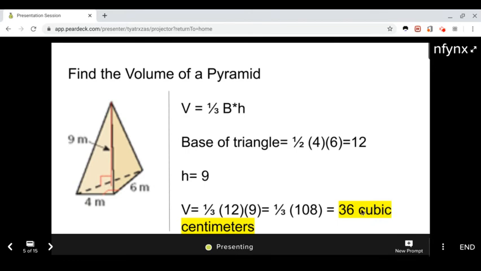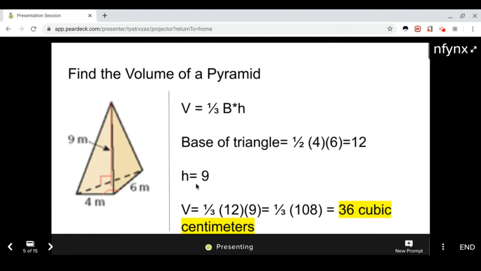I'm sorry, actually, in this case, it's not cubic centimeters, it's just cubic meters. I'm actually glad that I made this mistake, just so that it shows you how quick and easy it is to overlook the different units. So when you are working on these on your own, do make sure that you are paying attention to these, as it's something that can be very easily overlooked.